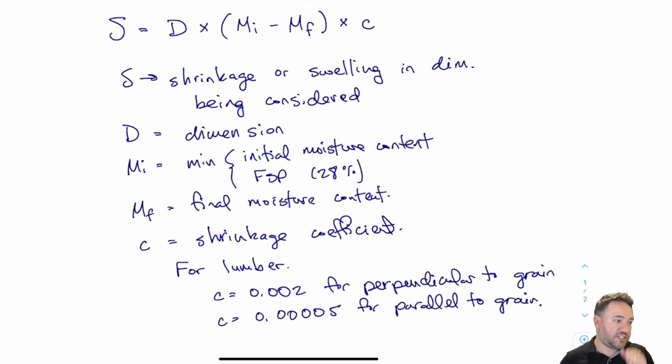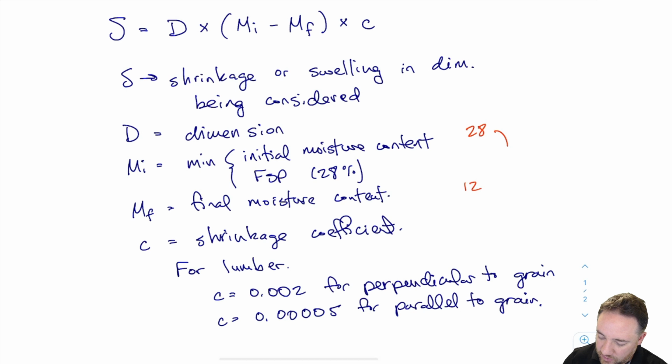So we just sub these things in. One thing that you need to remember is that Mi is given in a percentage, but we don't put the value in as a percentage. So for example, if I went from 28% to 12%, then the difference is 16%, and I'm going to actually put the number 16.